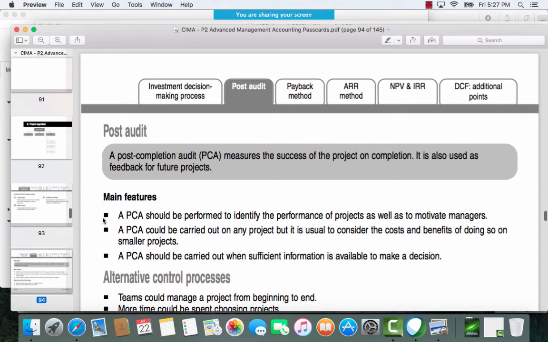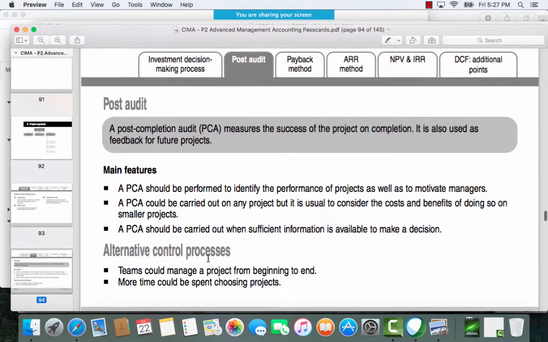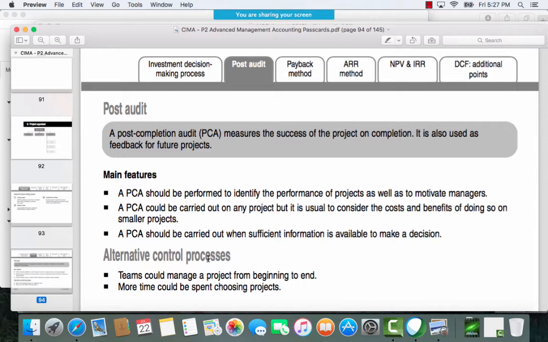Now, the next one, they talk about the post-completion audit. The reason why we do a post-completion audit is to see, actually, have we achieved the benefits that we said we were going to achieve. This is another classic area. Even in reality, when it comes to benefit realization, nobody bothers, right?